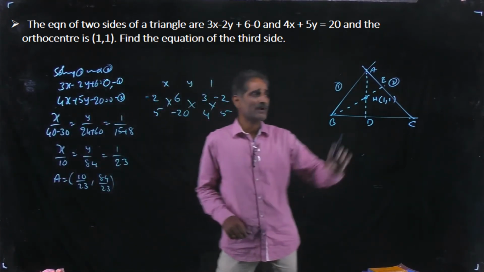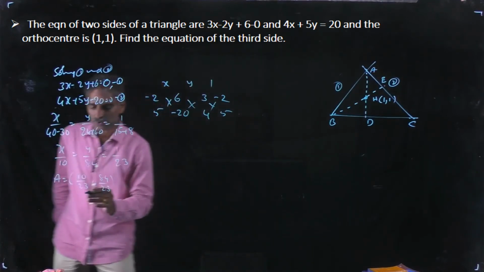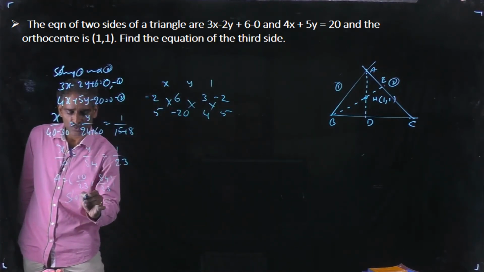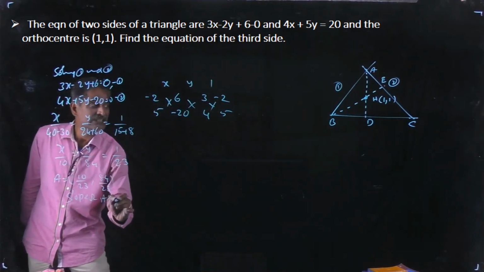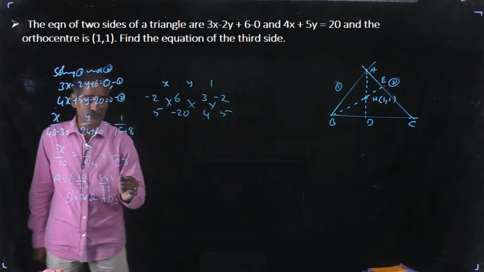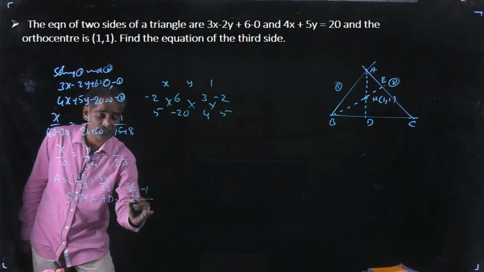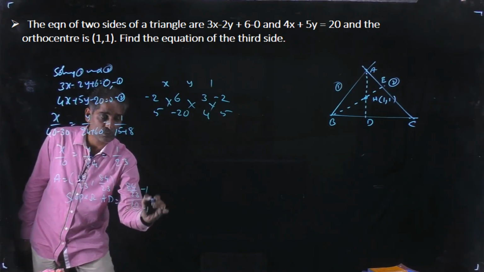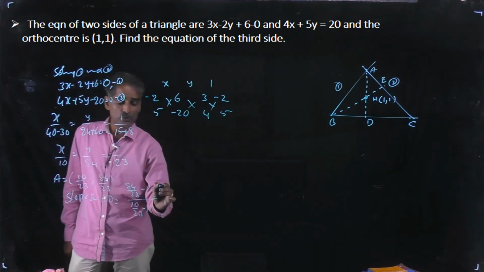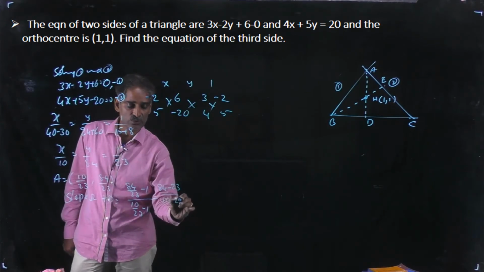Now find the slope of the altitude AD. Slope of AD is equal to slope of AH. So what is the slope of AH? (84/23 minus 1) by (10/23 minus 1), that is equal to (84 minus 23) by (10 minus 23).